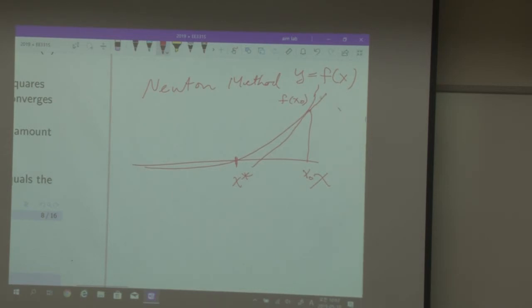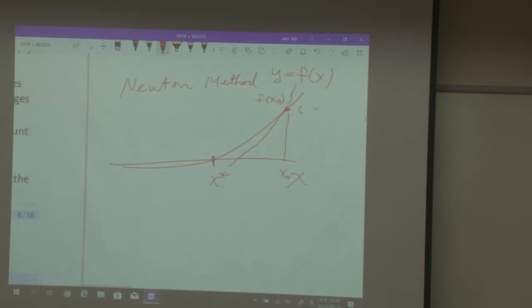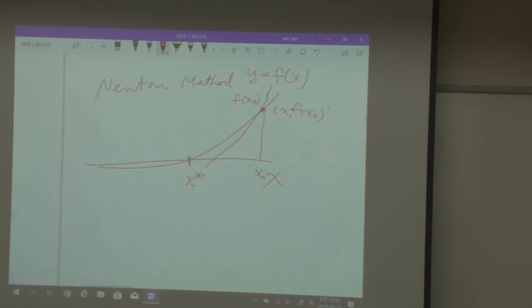Is fitting a line here difficult or easy? What point does it pass through? x0, f(x0). And what is the gradient? f'(x) at x equals x0.